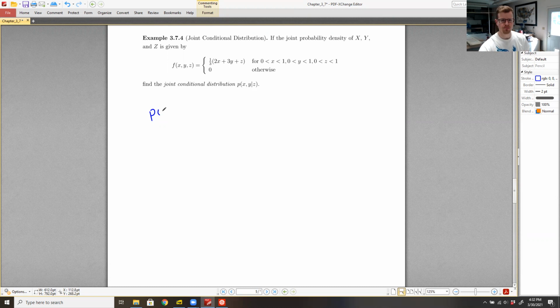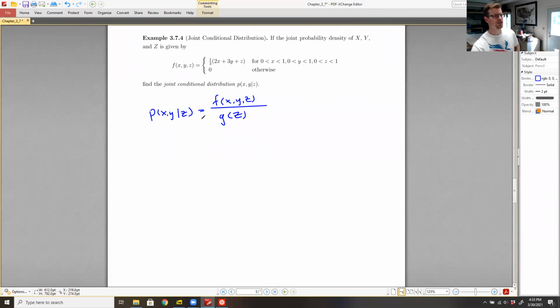So what I'm saying here is p of x comma y given z is always the density function f of x, y, z, or f of x, y, z, w, or however many variables there are. It's always the joint density divided by the marginal. Since we're looking at given z here, I just want to find the marginal distribution of z. If it were given z, w, I would want to find the joint marginal distribution g of z, w, and so on.